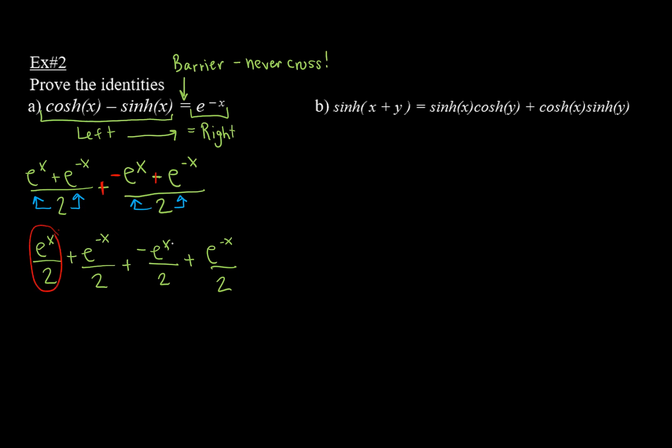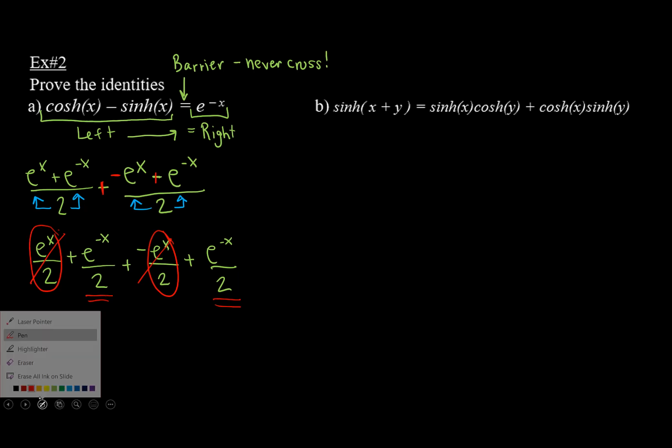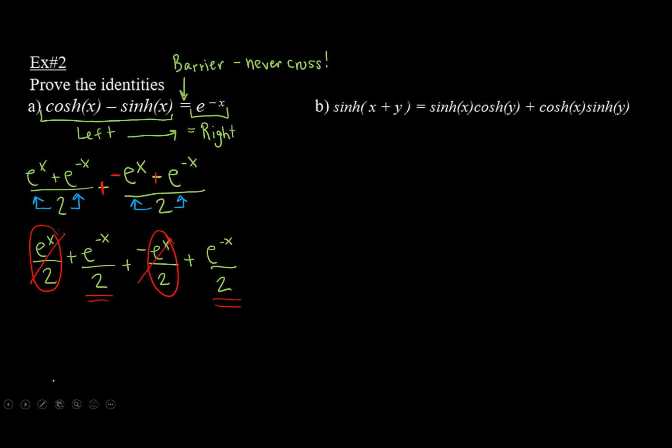Specifically, my e to the x's will cancel each other. And then I'm just left with these two. And if I add those together, I'm going to get the other side of the identity, because 1/2 plus another half is 1. So my value is going to be e to the x.